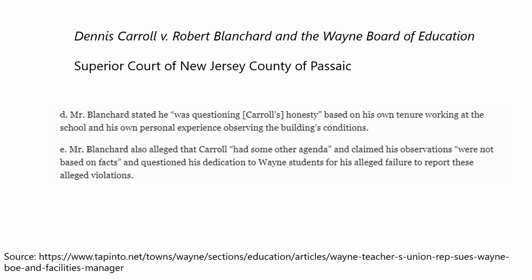The interim director of facilities was called into the next board meeting in September 2020 to refute the teacher's claims. In the meeting, the interim director of facilities questioned the teacher's honesty and suggested that he had another agenda. With what you've learned about defamation and the 4 factors of defamation, do you think the defamation has occurred?